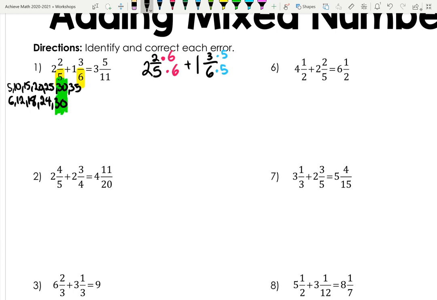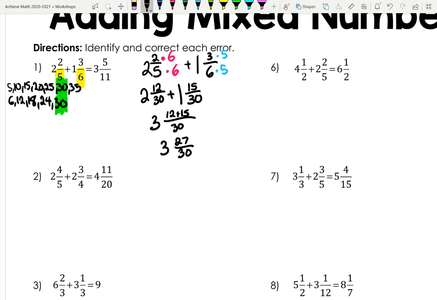Now I'm going to adjust my problem, and I'm going to get 2 times 6 over 30 plus 1 times 15 over 30. I'm going to go ahead and add my whole numbers. 2 plus 1 is 3, and then it turns into 12 plus 15 over 30, which is 3 and 27/30. We can reduce this. We aren't going to do it right now.